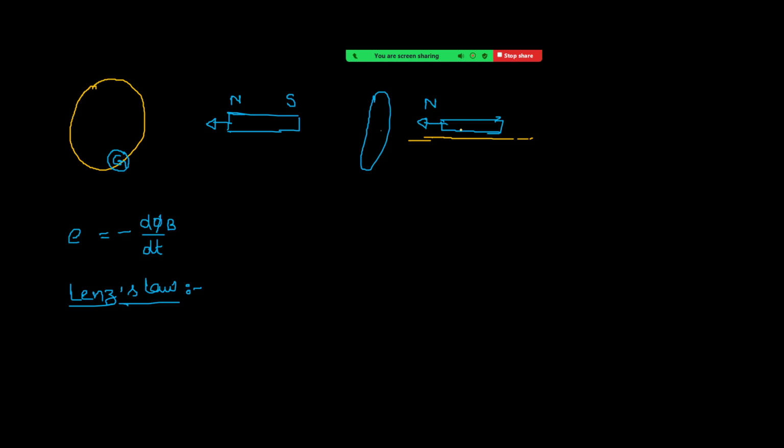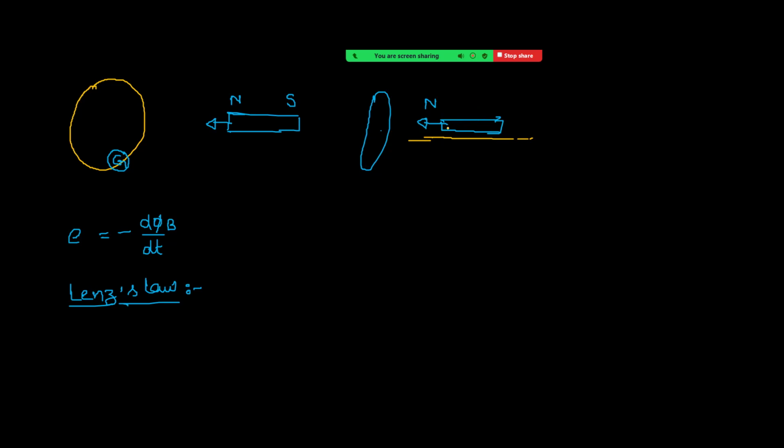And because of relative motion, current flows here. That means we are getting electrical energy. But remember, kinetic energy keeps on increasing and here we also got electrical energy. That means the sum of these two energies is greater than the energy we have given, which is violating conservation of energy.